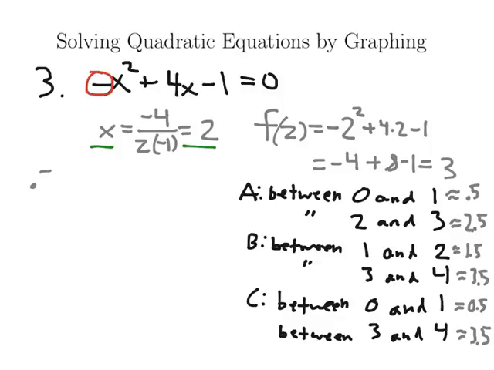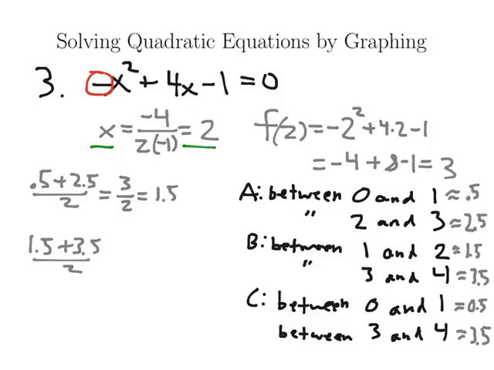If one of my numbers was a half and the other one was 2.5, remember, they should average to my axis of symmetry. They should average to 2. So is their average 2? In this case, it's not. Their average is 1.5. Now let's look at B. The average between 1.5 and 3.5 is their sum divided by 2, which is 5/2, or 2.5.